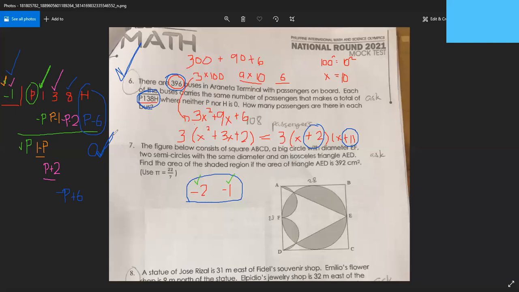Isn't it that we will add H and P minus 6? When we add those two, the answer will be 0. Now, why 0? Because 0 means no remainder. Why is it that the situation has no remainder? Because when you divide, isn't it this will be a number, correct?